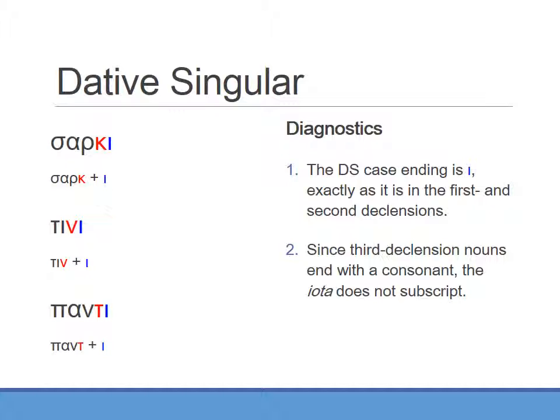But iota is a key diagnostic for a dative singular in all declensions. The case ending iota is simply added to the noun stem. So sark plus iota, sarki; tin plus iota, tini; pant plus iota, panti. Dative singular case ending, iota.